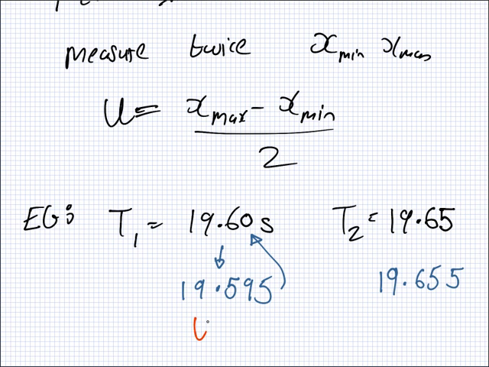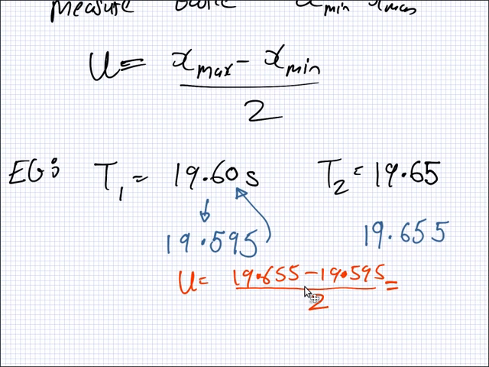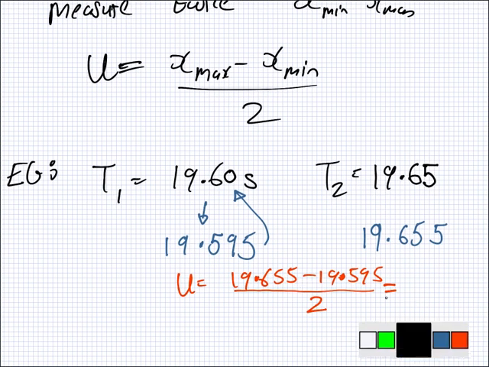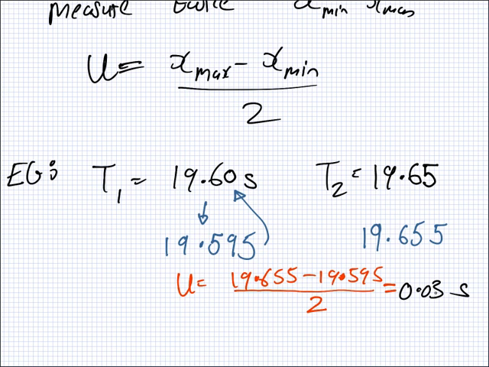So the uncertainty here would be 19.655 minus 19.595 over 2. Does anyone have their calculator handy? Mark, do you mind typing that in and seeing what we get? So 0.03 seconds is the uncertainty.